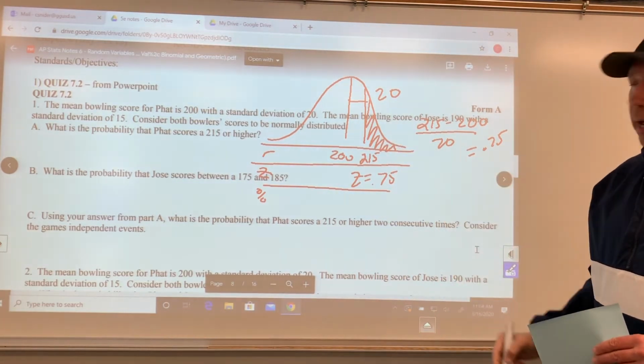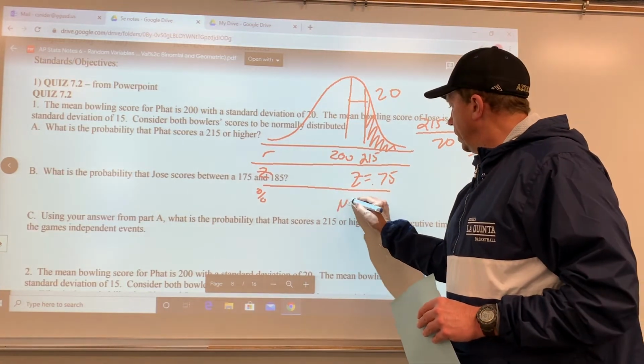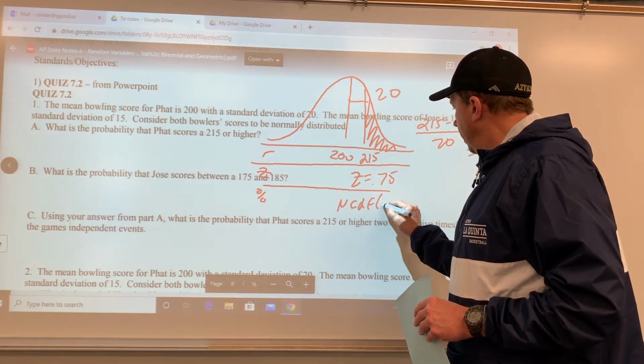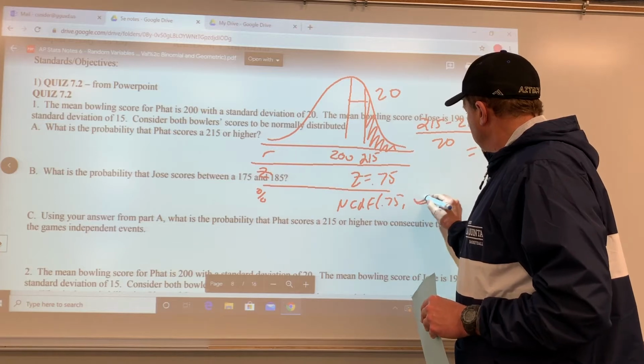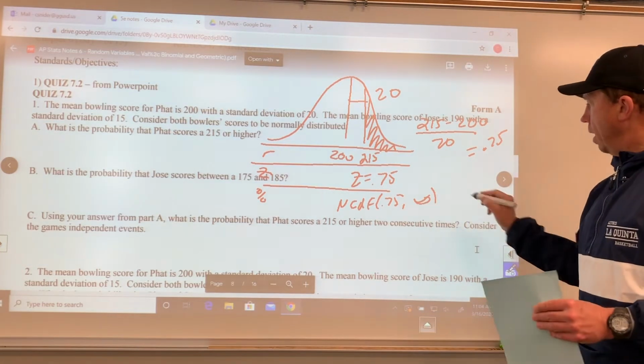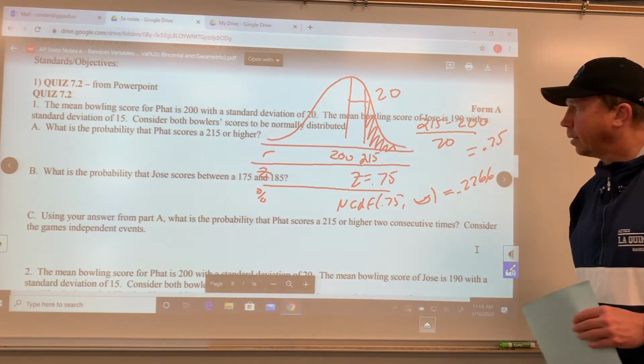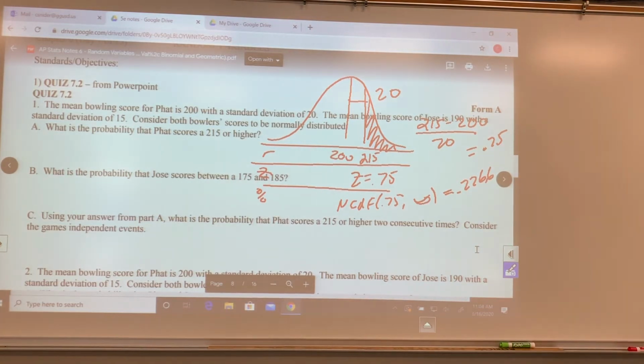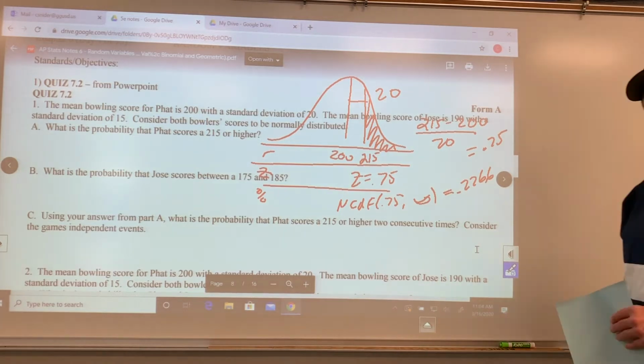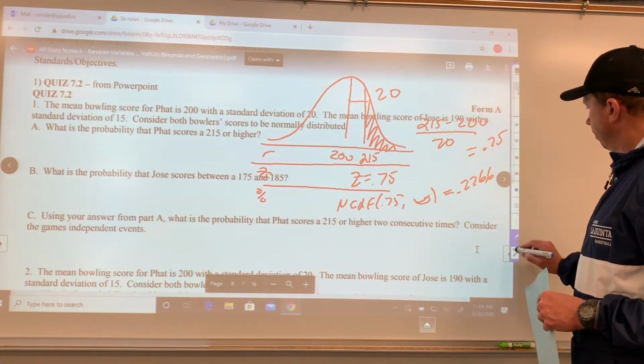And please show all of that work. And so this is normalcdf on your calculator or your table, 175 comma infinity, and that ends up being 0.2266. Okay? So that's our probability of Fat scoring 215 or higher. Pretty good chance of it, a little over 20%.